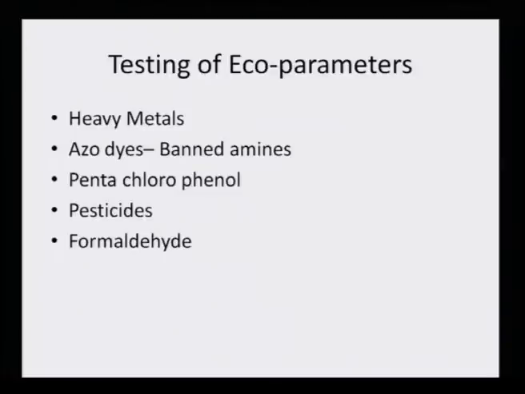If a commodity has any one of these at a level which is not permitted, the consignment will not go for export, it will be returned back, and therefore, the industry is becoming very conscious, particularly the textile industry, the food industry and the leather industry. They need to test their commodities for these eco parameters.